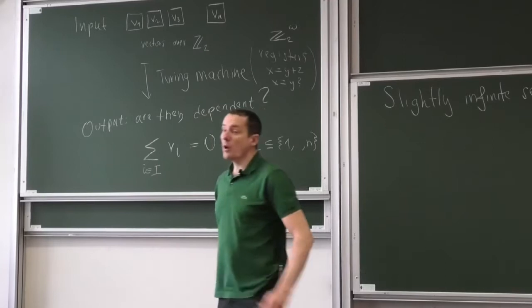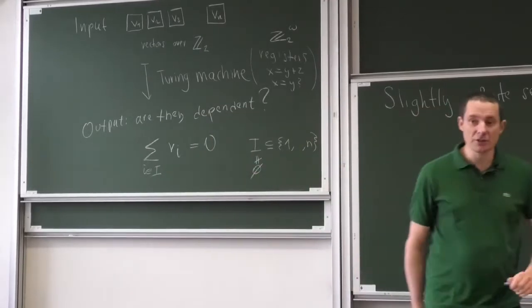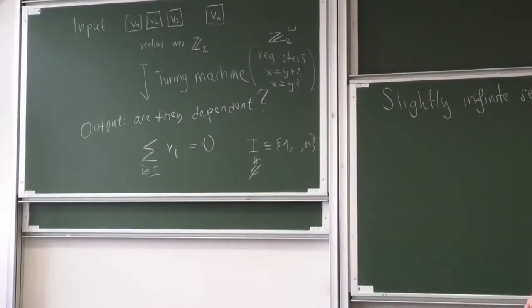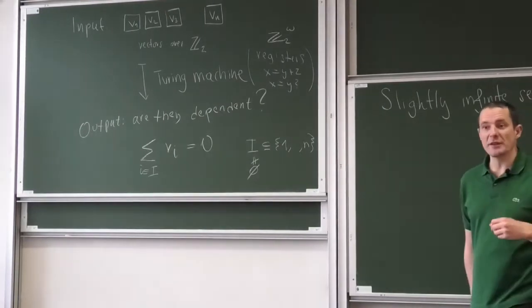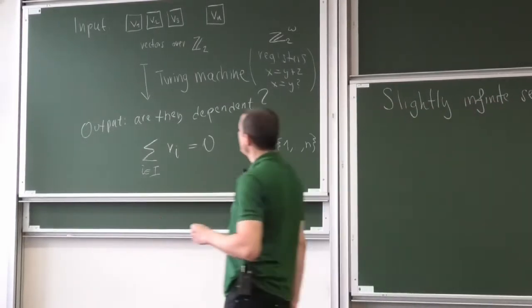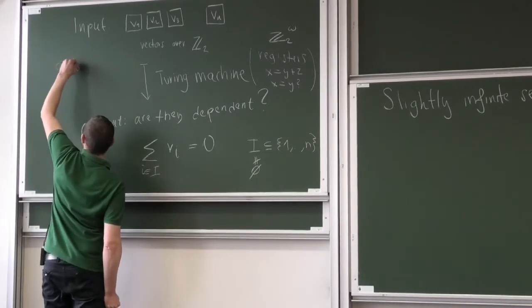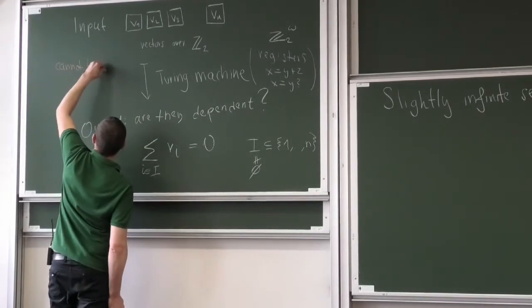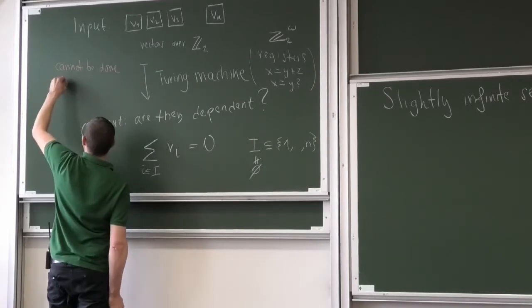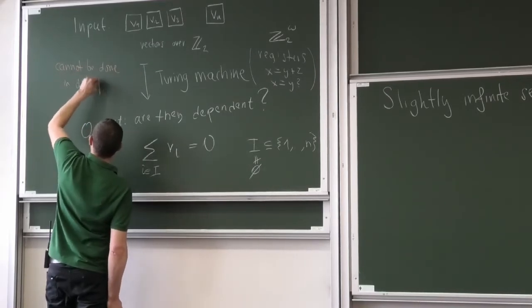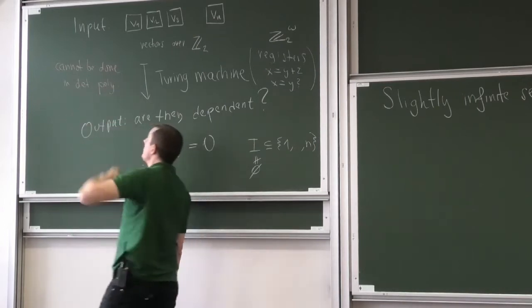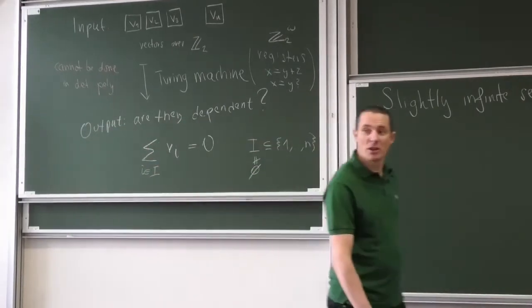Now, one theorem, and I intend to prove this theorem towards the end, once all of the definitions are in place, is that it cannot be done in deterministic polynomial time. Okay?